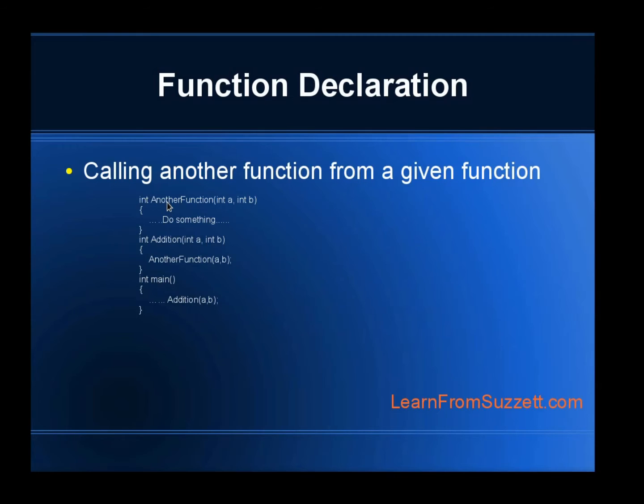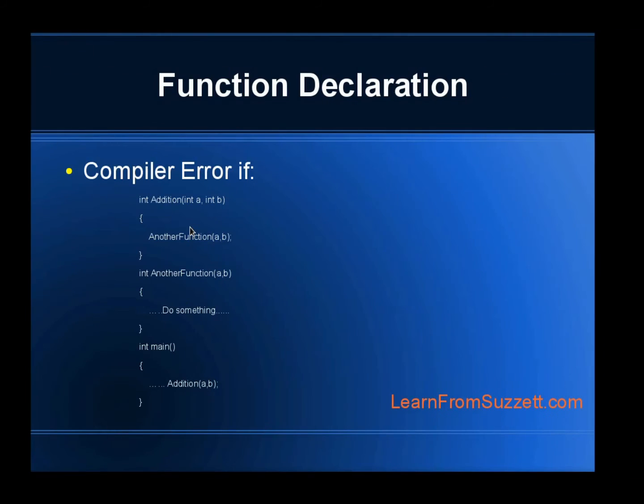you get a compiler error. Okay, if you have a main function that calls addition(a, b), that will be fine. It will look for addition, because as I told you, a compiler looks at the code line by line. Okay, it goes from top to bottom.